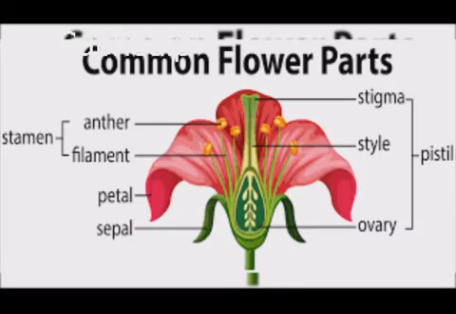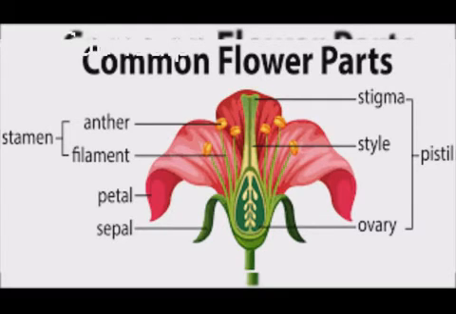They are also called hermaphrodite flowers. Rose and hibiscus are examples of bisexual flowers. Unisexual flowers are those which possess either the male part, that is the androecium, or the female part, gynoecium. Papaya is an example of a unisexual flower.